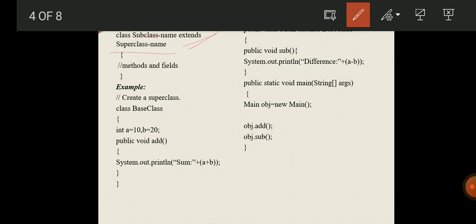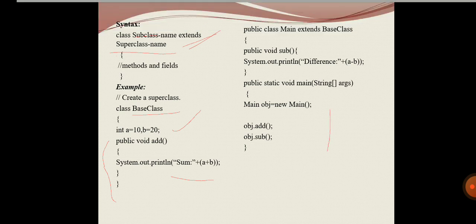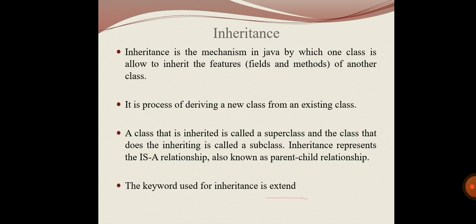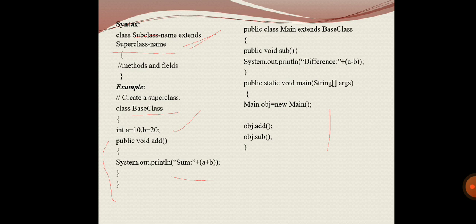Let us see the example. See the base class, where we have initialized two variables, a equal to 10 and b equal to 20, and a method that performs the addition. The next class is class Main, with a capital letter M. Class Main extends base class.